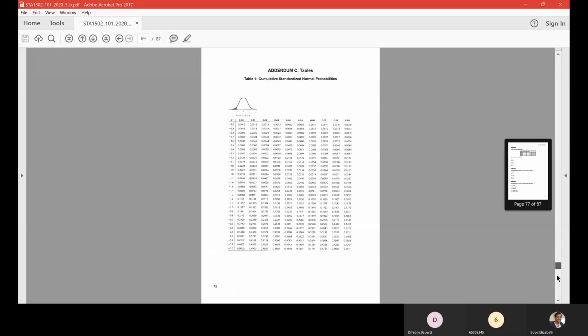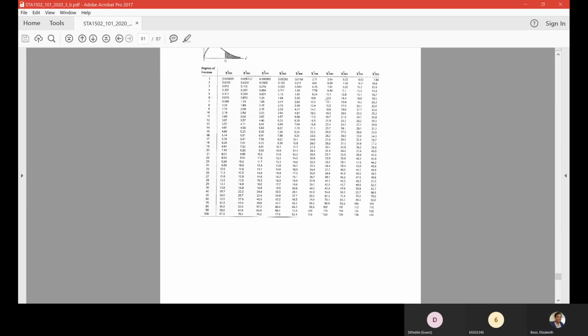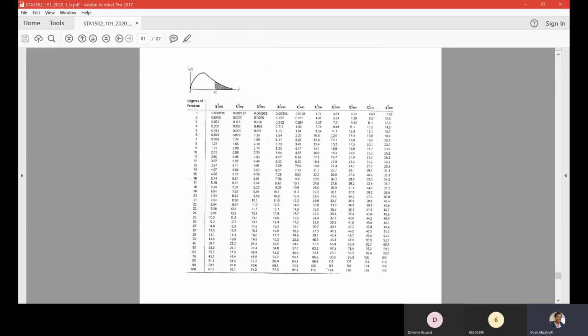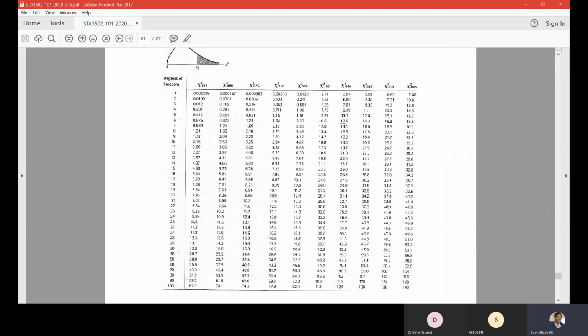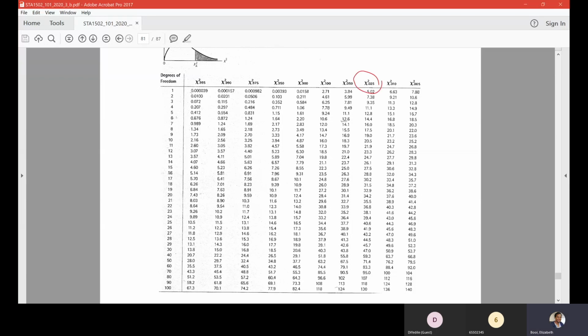So finding the critical value, we need to go find table 3, which is called the critical values of chi. If we look at the critical values of chi, you will see that at the top it has the alpha values. There is our alpha of 0.025, and we come here on the side and look for the degrees of freedom 11, where they both meet.